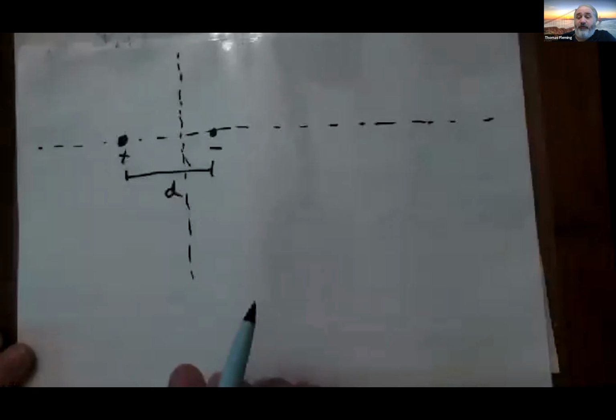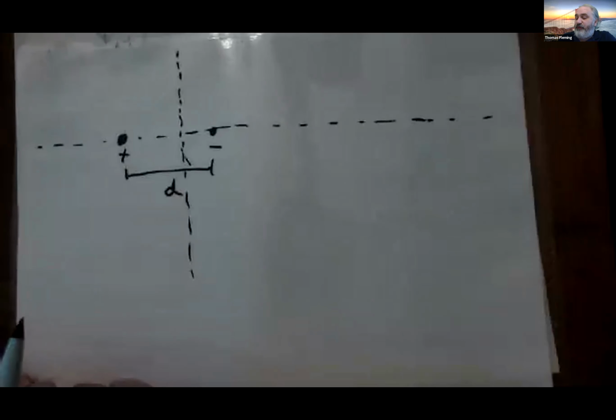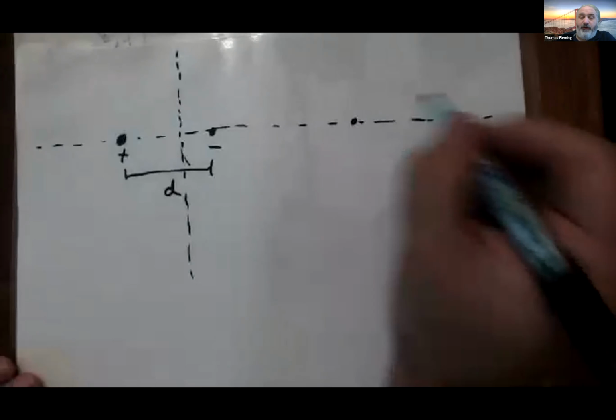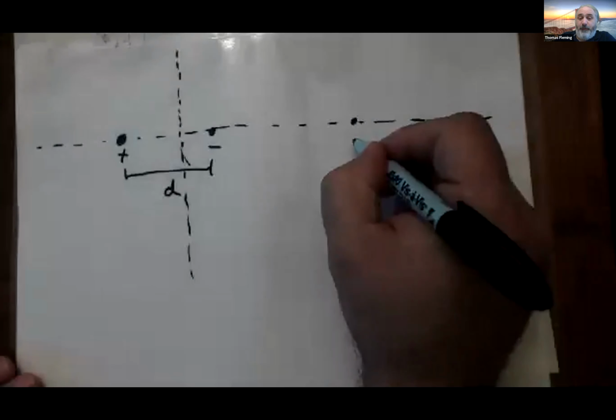Imagine that I drew that symmetrically. I totally didn't. And what we're going to be doing is looking at the electric field due to those charges at some location. Let's do this location right over here, somewhere on the axis of the dipole. I want to find the electric field there.